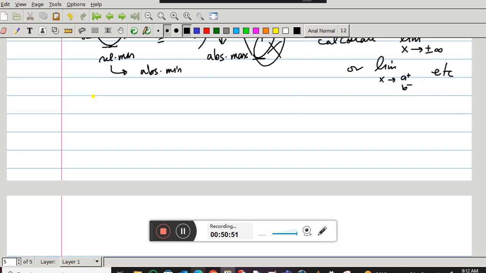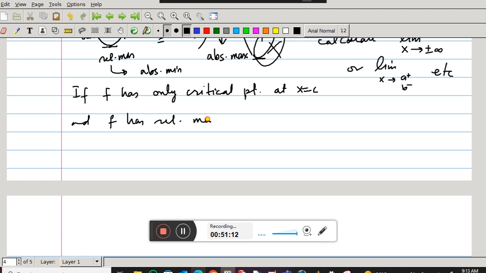Okay, so it means if f has only one critical point at x is equal to c, right, and f has relative maxima at x is equal to c, then f has absolute maxima at c. Automatically relative maxima becomes absolute maxima at c.